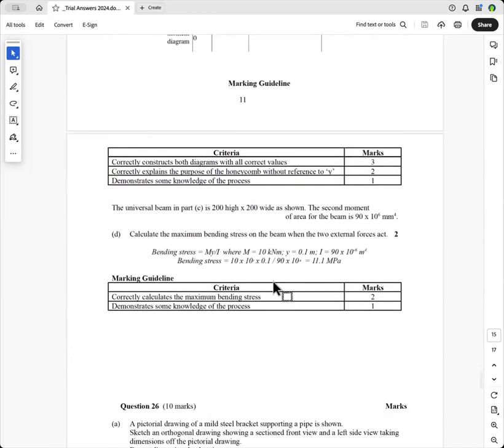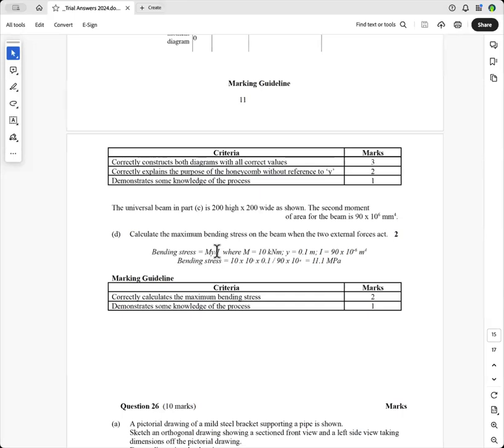Next question. The universal beam is 200 high, and we know that the neutral axis goes through the center of it, the centroid, and you've got to calculate the maximum bending stress.